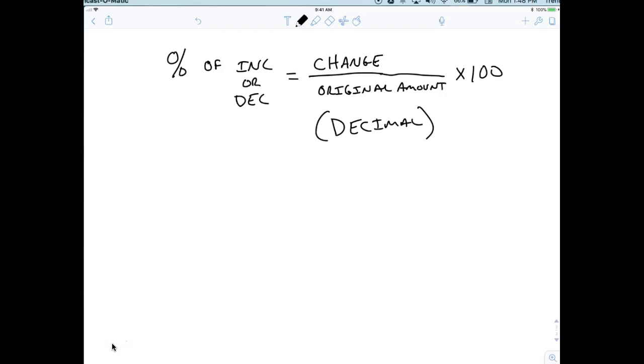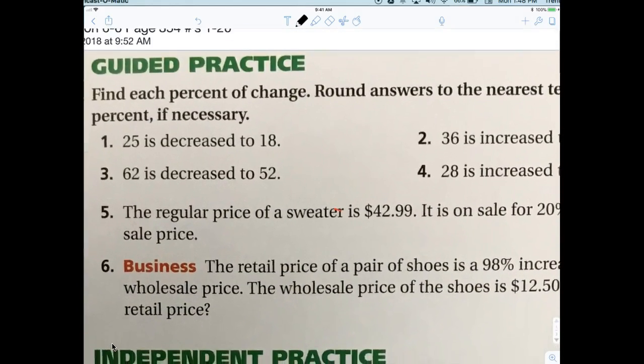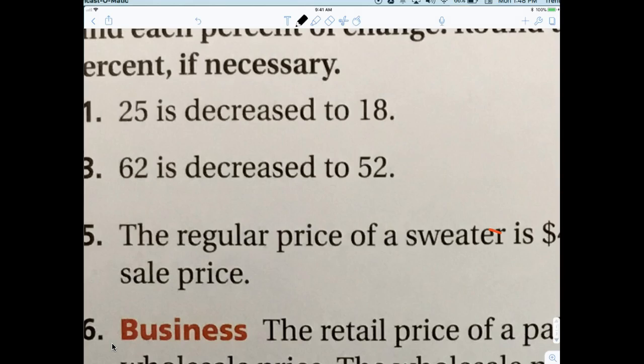Now, here we go. To figure out how I knew it was 28%, here's what you're doing for question number 1. It says, I went from 25 to 18.